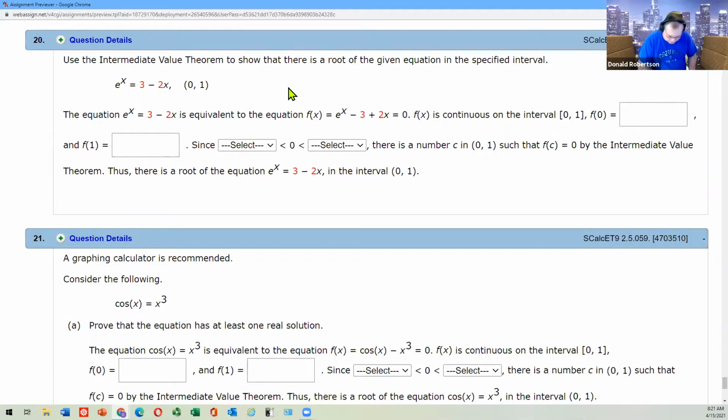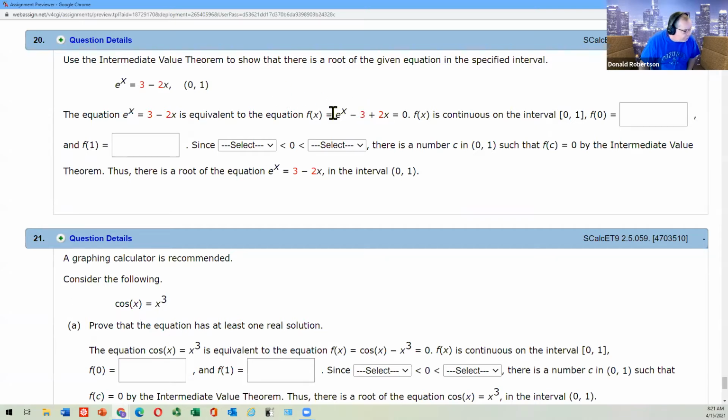Now, what you need to generate is a function f of x to use the intermediate value theorem on. Well, right now there isn't a function there, is there? Two things equal to each other. So what you do is you take it and you move everything to one side and you get that.